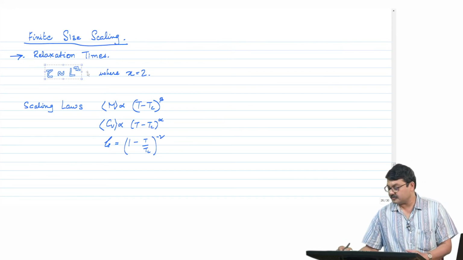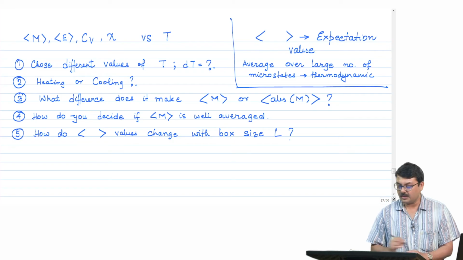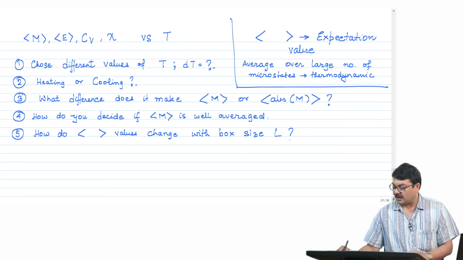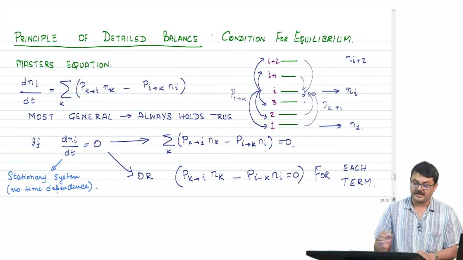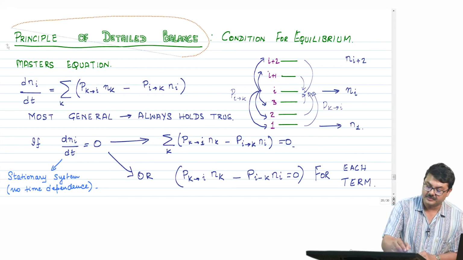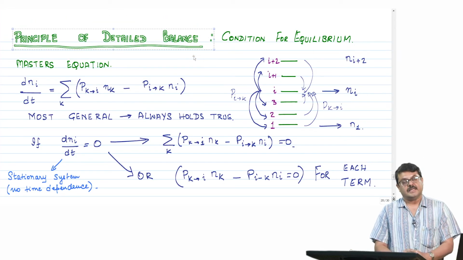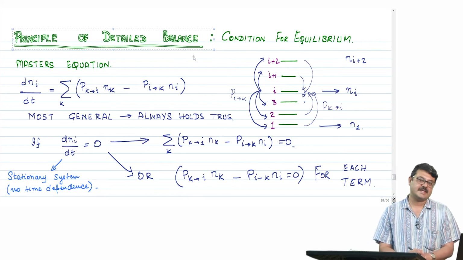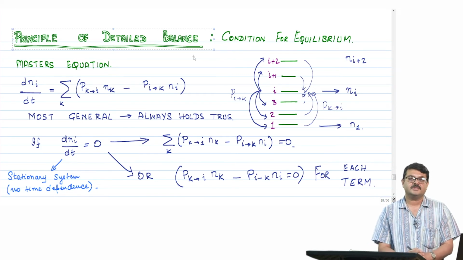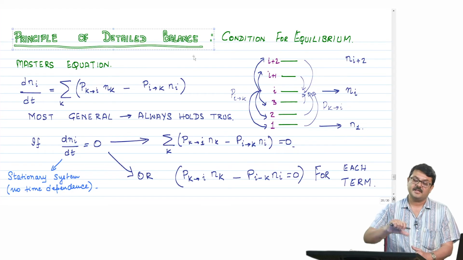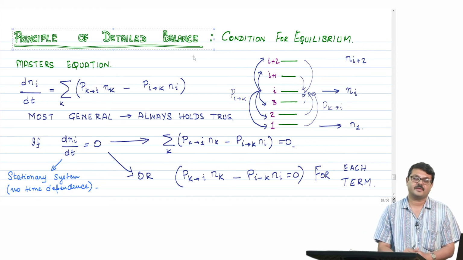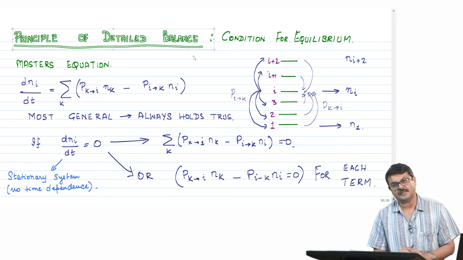So, we shall end this module with a last point, which is basically discussing the principle of detail balance. Till now, when I have been discussing the algorithm, I have been basically telling you that to implement the Metropolis algorithm in an importance sampling way, what you should do is give a trial flip to a spin selected randomly.